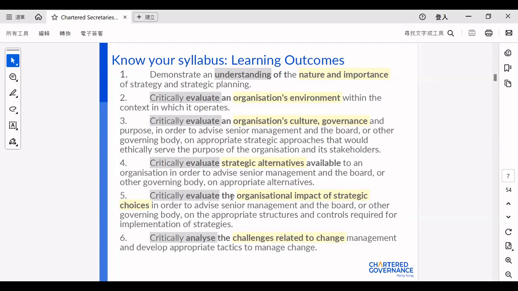From this, you can see that these questions ask you to show an understanding. Showing an understanding means you are given a case, a scenario, and you have to apply these concepts to the case and scenario, so that you can demonstrate an understanding of the nature and the importance of strategy.